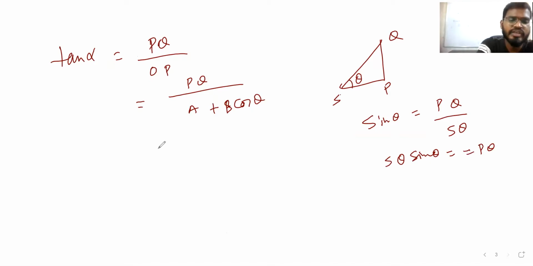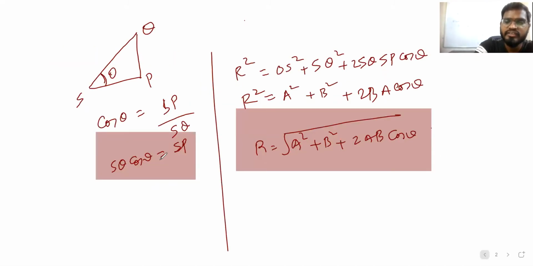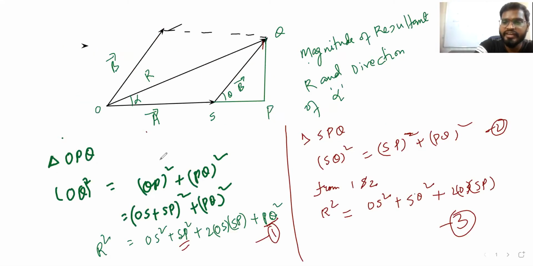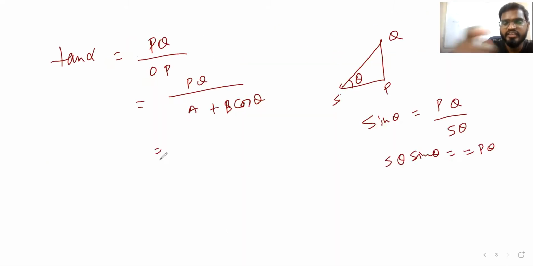That's it. Now we can say SQ is what here? SQ is B, right? So we can write there SQ sine theta by A plus B cos theta.